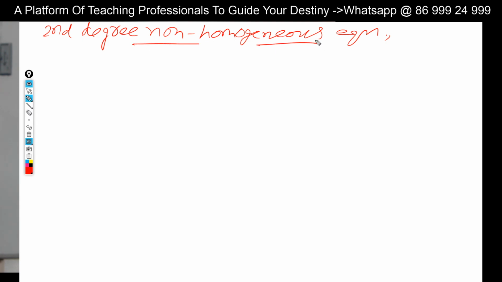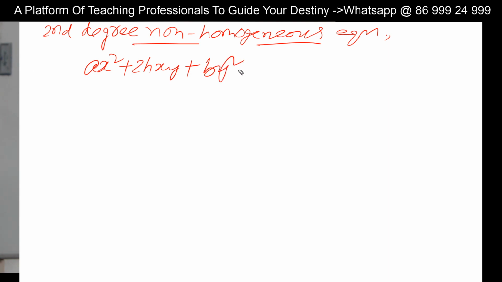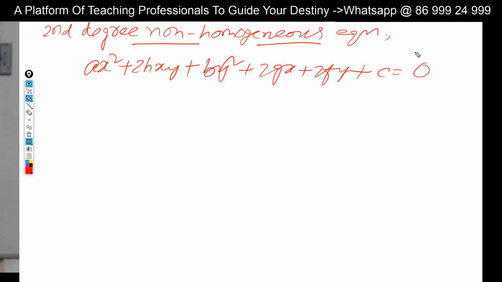What is a second degree non-homogeneous equation? This is to be learned by heart, whatever you do: ax square plus 2hxy plus by square plus 2gx plus 2fy plus c equal to 0.